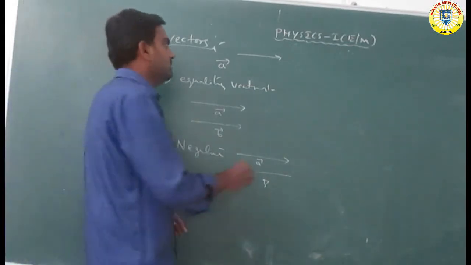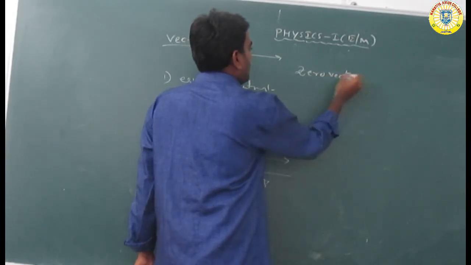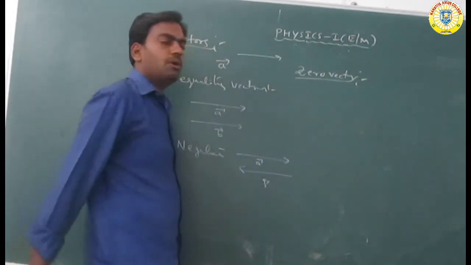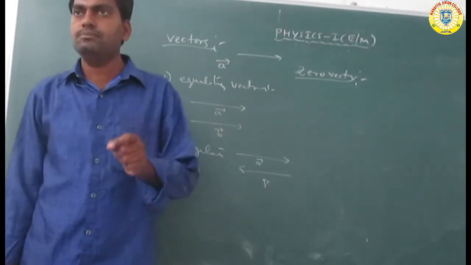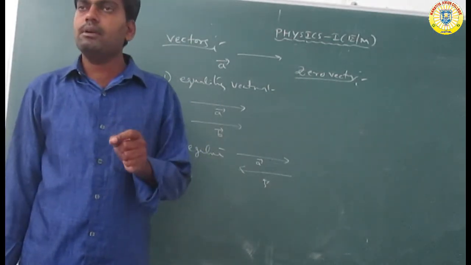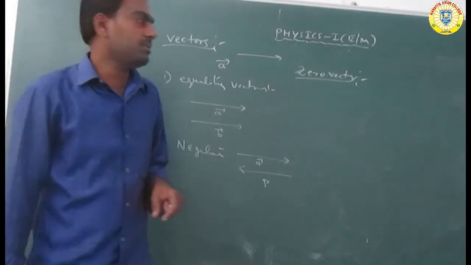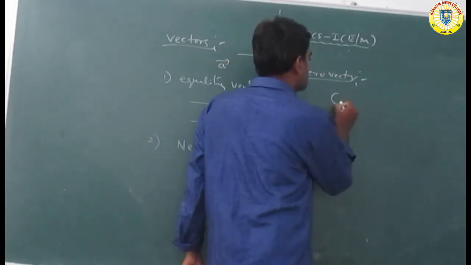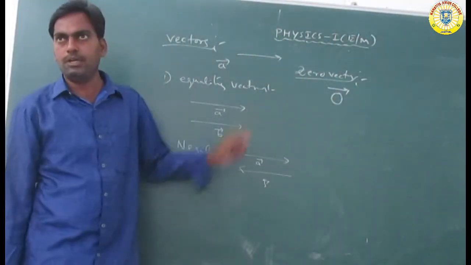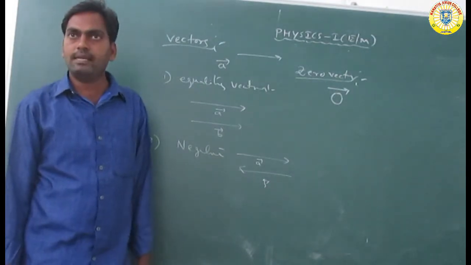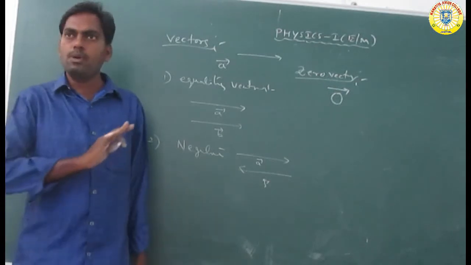Next one is the zero vector. A zero vector is one whose magnitude is zero. The physical quantity whose magnitude is zero is called a zero vector. It has no specified direction.